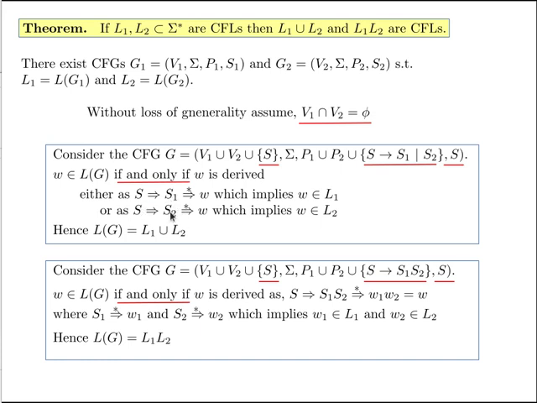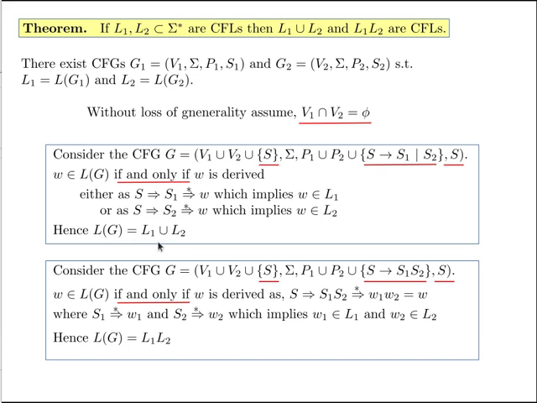And then from S1 or S2 you derive some string. But if you derive something from S1, since we are taking all the productions of the first grammar, from this part onward it is the same as this grammar, right? So this w has to be a string in L1. Similarly, if starting from S2, this has to be a string in L2. So if you are deriving anything from S, then it has to be a string either in L1 or L2. So that is why this holds.